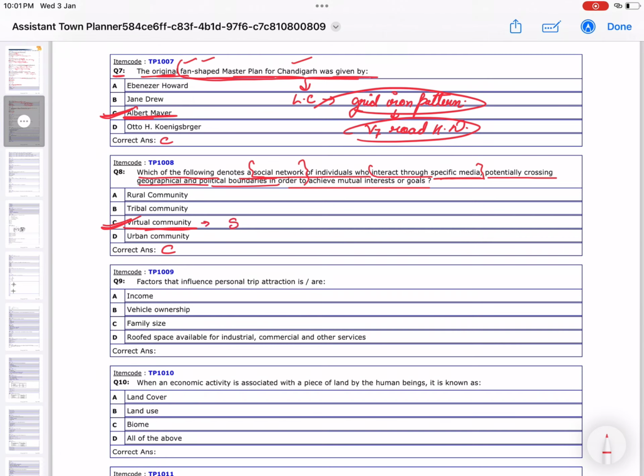The best example is how we interact through social media. Question number 9. Factors that influence personal trip attraction are. So the factor which influences the personal trip is roofed space available for industrial, commercial and other services.